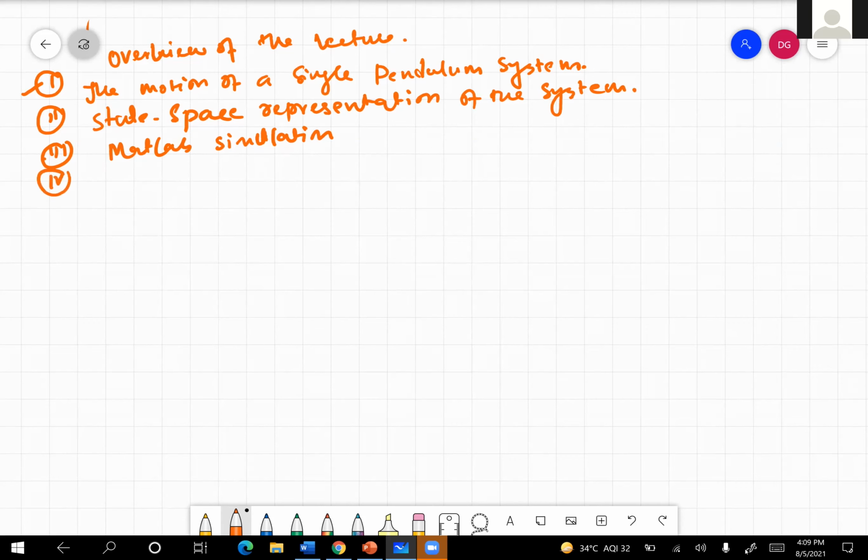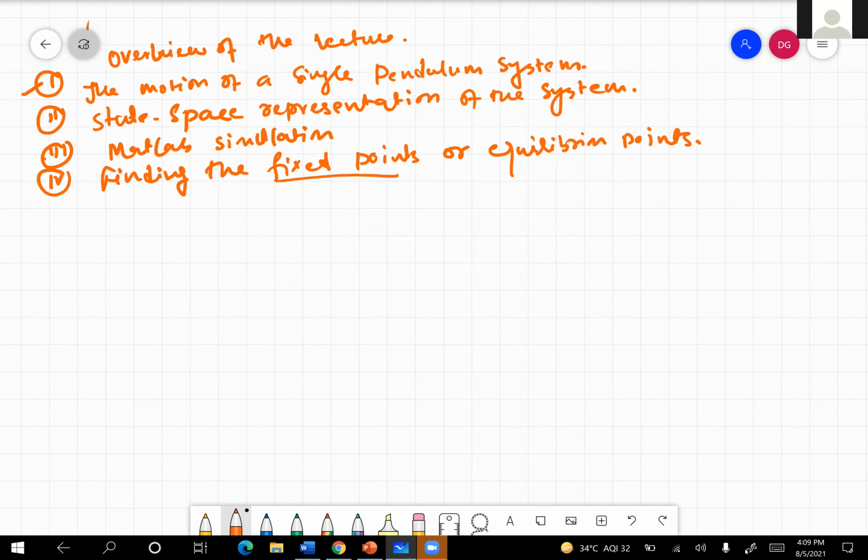Then the fourth part, we are going to discuss finding the fixed point or equilibrium point. Generally mathematics people use the term fixed point, but if you are a control person, you generally use equilibrium point.